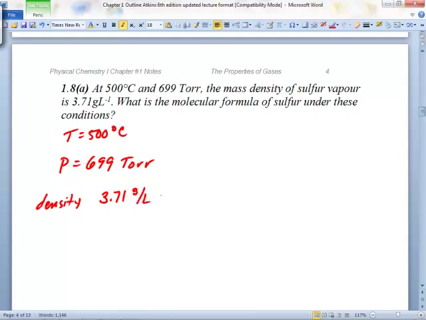What is the molecular formula of sulfur under these conditions? Is there any other element besides sulfur present? Yeah, other S's, but that's it, right? Just S's. So isn't your answer going to look something like this and then some number down there, right? This is what we're after.